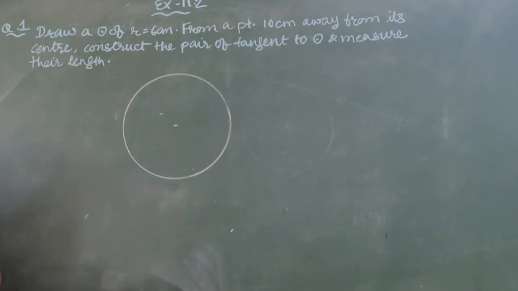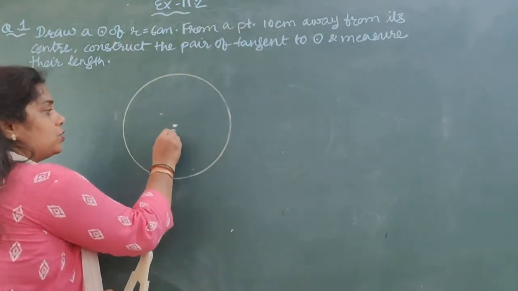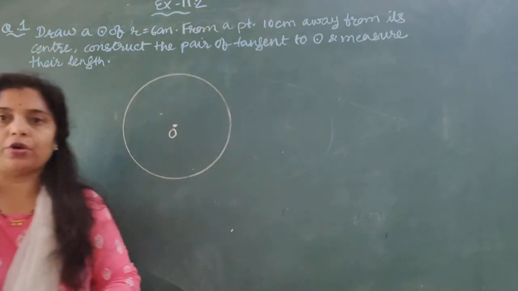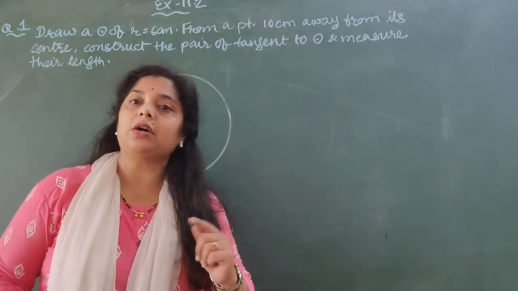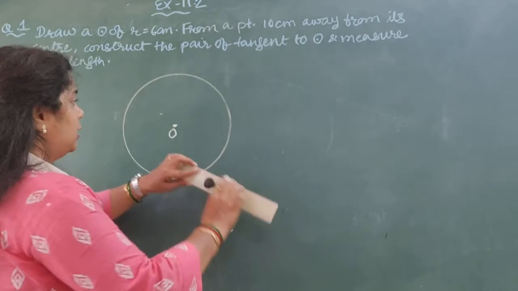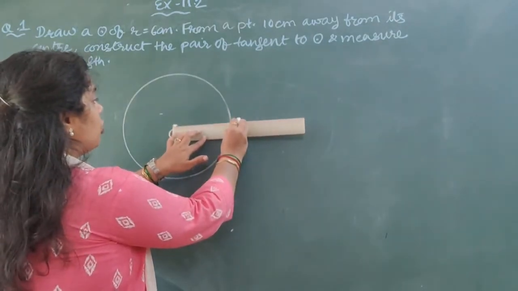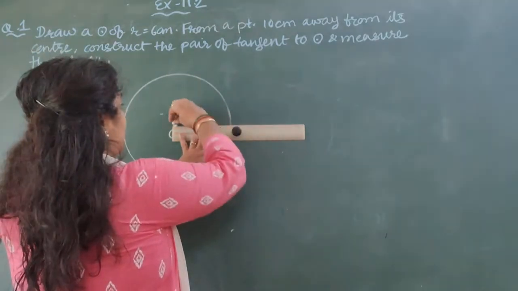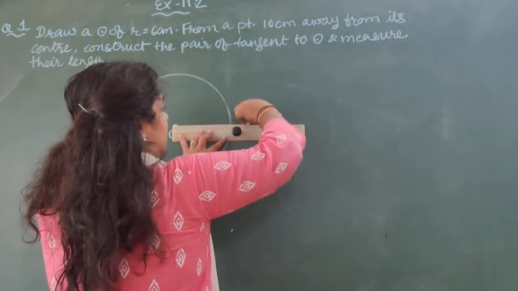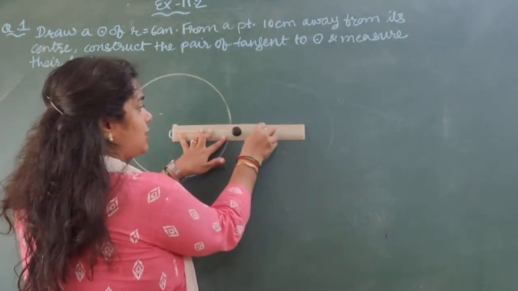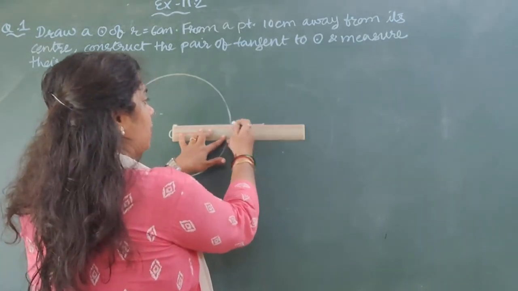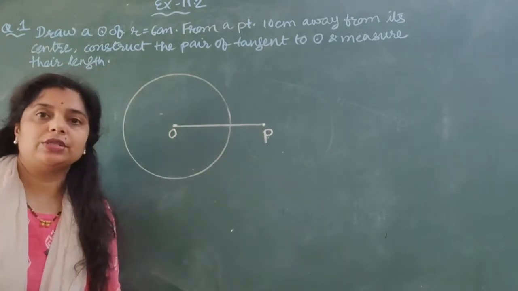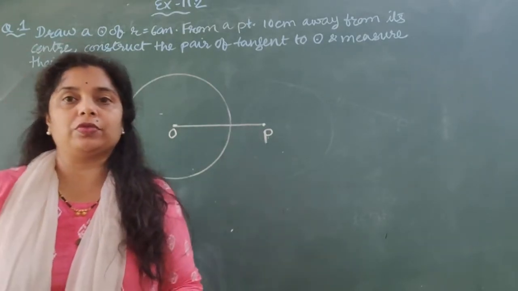Mark this as O, which is the center, and as the exterior point is 10 centimeter away from the center, it means you have to put the 0 of scale on center and draw a line of 10 centimeter. Here it is 10 centimeter. So I just stop here and I denote this point as P, which is the exterior point of the circle.